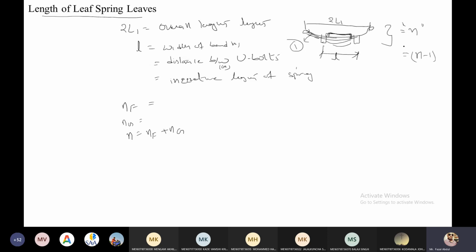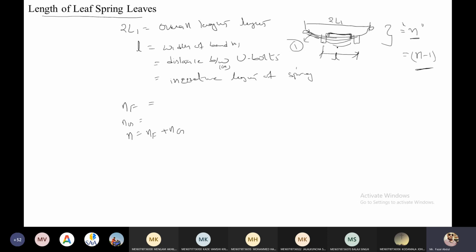If there is only the master leaf in the spring setup, the number of leaves should be considered as n for the equation. If there are more than one master leaves, then the number of leaves is considered as n minus 1. Remember this point.